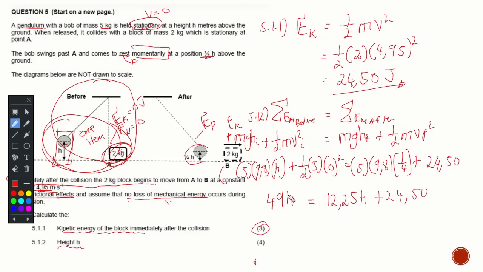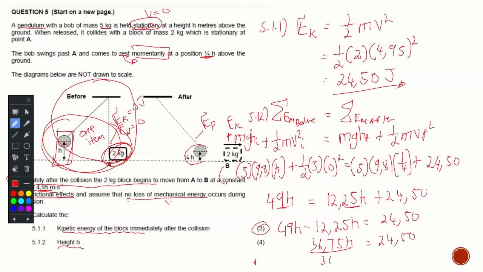Now we can see that these ones are like terms. They all have a variable of h. So we can have 49h minus 12.25h, and then we want to leave the 24.50 here. So 49 minus 12.25 is going to give us 36.75h, equals 24.50.